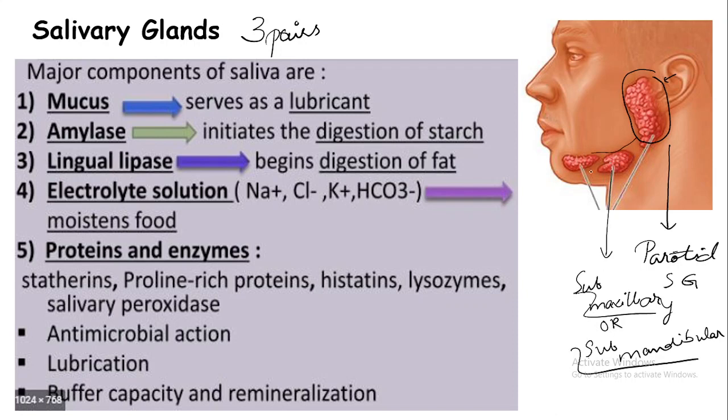Mandible is the jawbone. So mandible or maxilla, the jawbone, it is present beneath that. You can even touch there and just feel. You obviously won't feel it, but the places where they are present can be understood well. So the submaxillary and submandibular salivary glands are the second pair, and the third pair are the sublingual glands. Lingua means tongue.